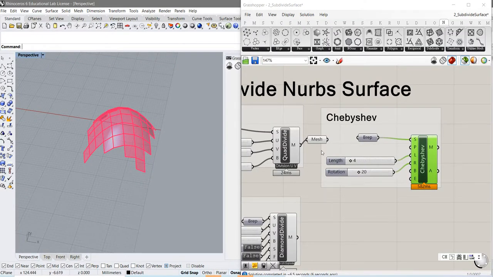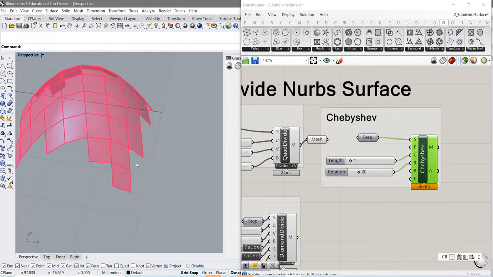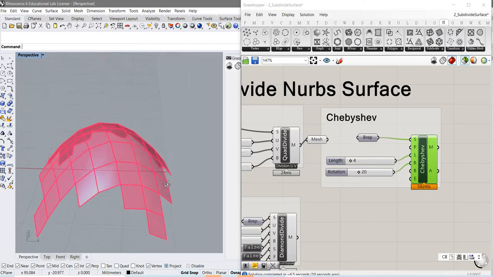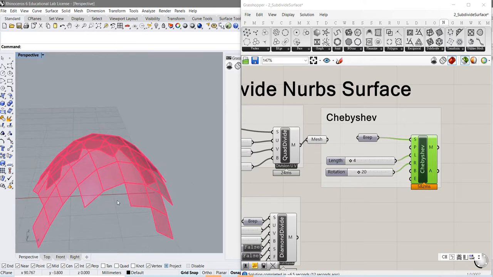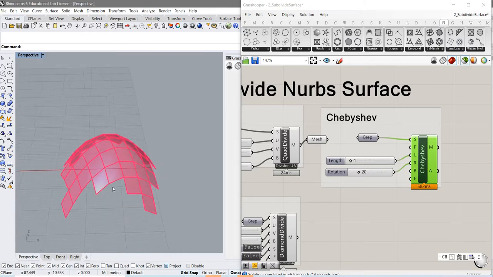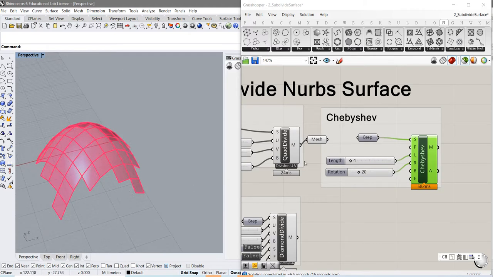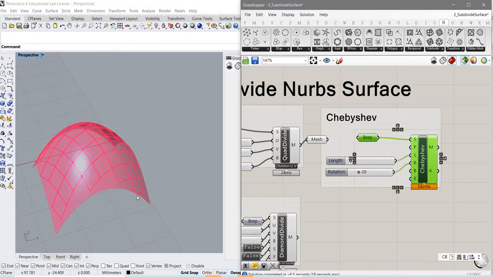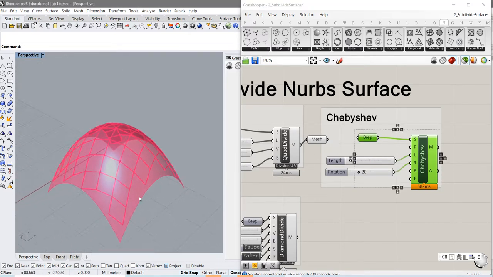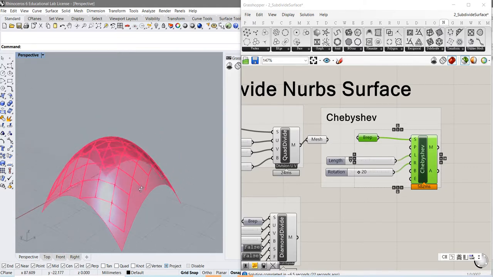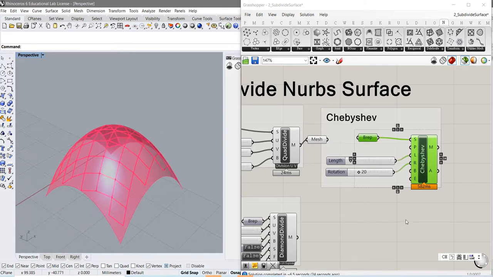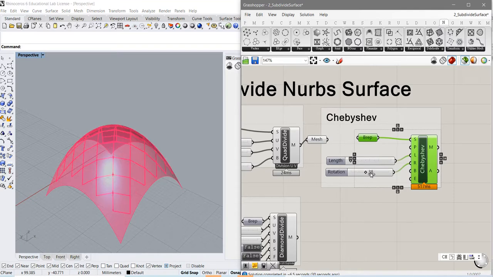Okay, it doesn't like me to make it too small because it takes a while. I think it is trying to planarize these rectangles. So you can set the length for this division, and you can rotate it.